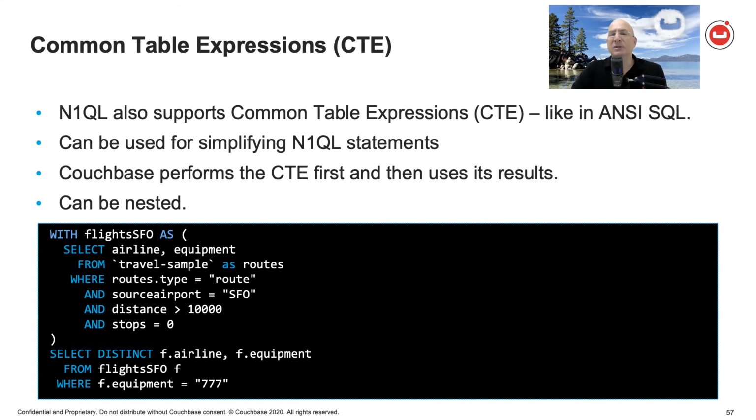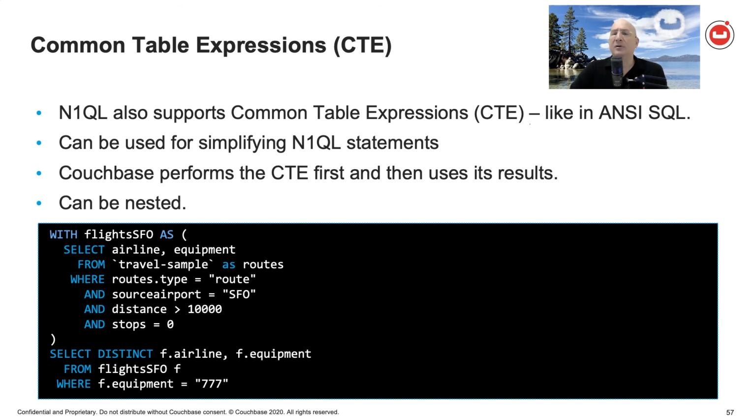N1QL also supports common table expressions, or CTE. Just like in ANSI SQL, ANSI SQL has the same feature. Common table expressions are used for simplifying N1QL statements and are also used like a temporary document set that is created and dropped immediately after the use.